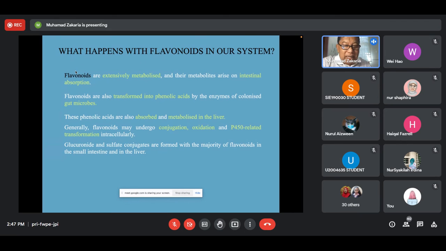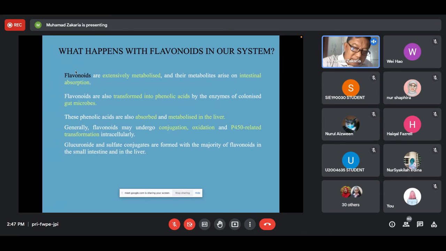Generally, flavonoids may undergo conjugation, oxidation, or transformation by cytochrome P450. Glucuronide and sulfate conjugates are formed with the majority of flavonoids in the small intestine and in the liver.